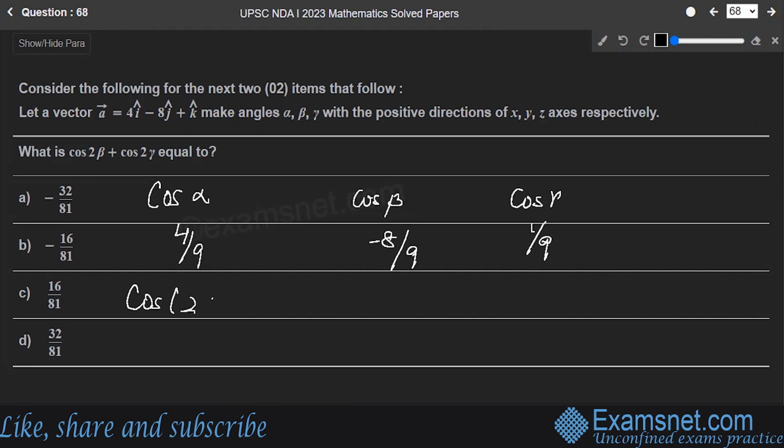You have to find cos 2 beta plus cos 2 gamma, which can be written as 2 cos square beta minus 1, 2 cos square gamma minus 1.